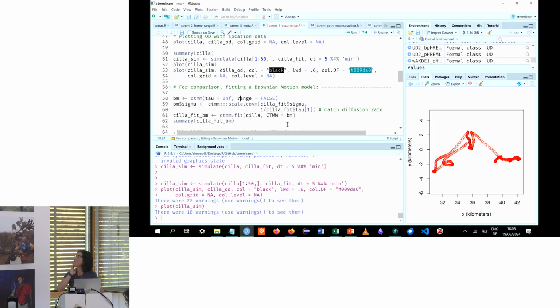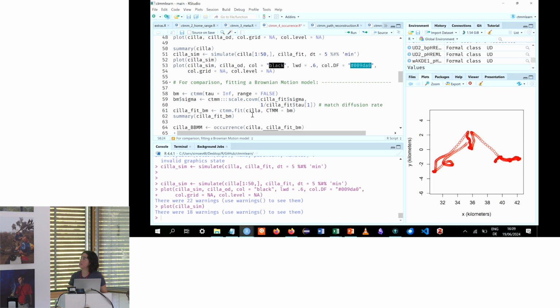For the occurrence distribution here, if we directly fit a Brownian motion model, it will output the same as a BBMM, because the Brownian bridge movement model has that assumption anyway. If you do it within CTMM and fit a Brownian motion directly, it'll give you the same output.